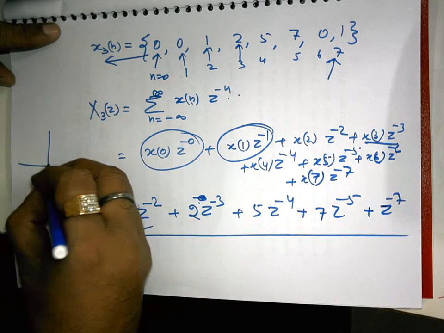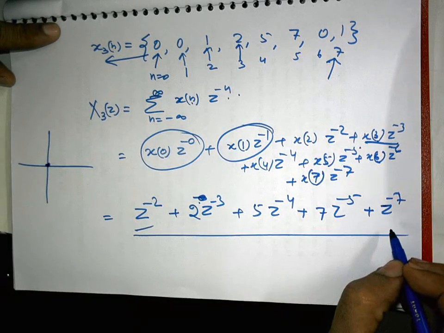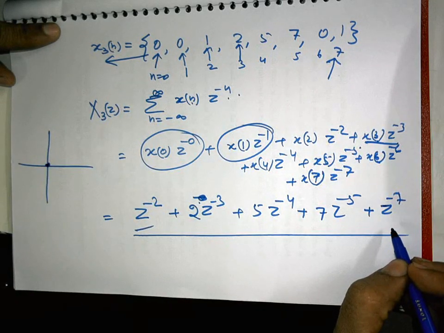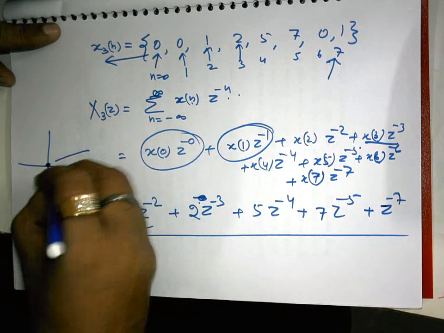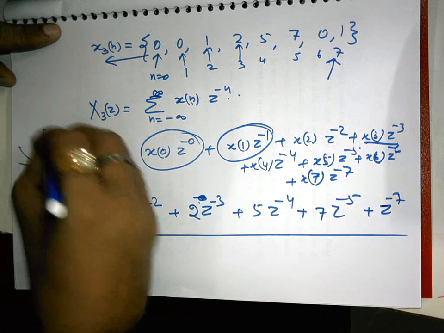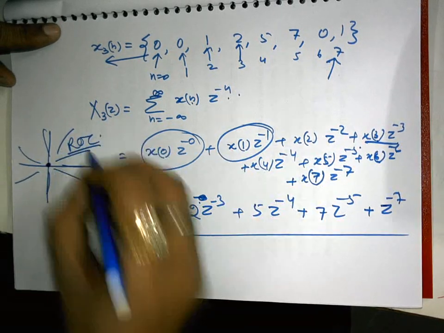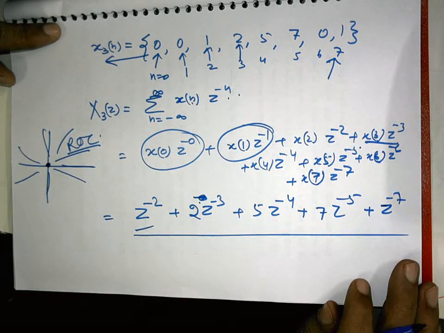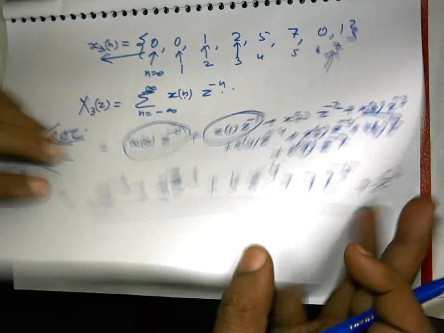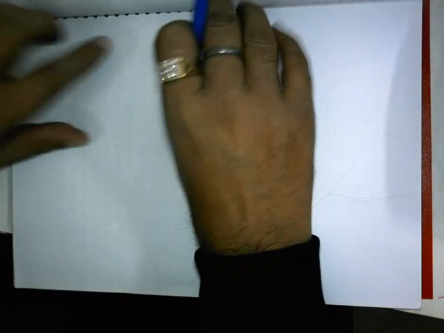So at z equal to 0, this series does not converge. So the region of convergence is the entire z plane except z equal to 0. These were some finite duration signals.